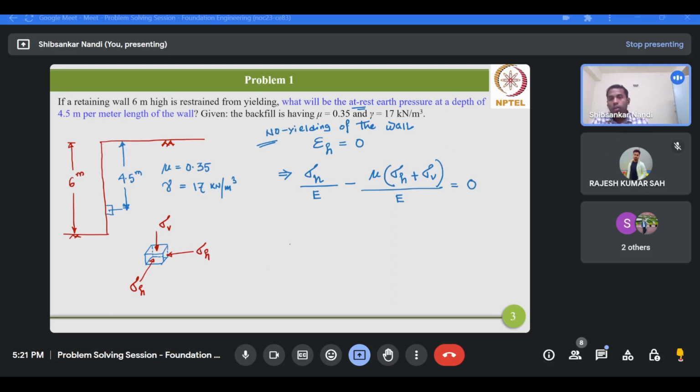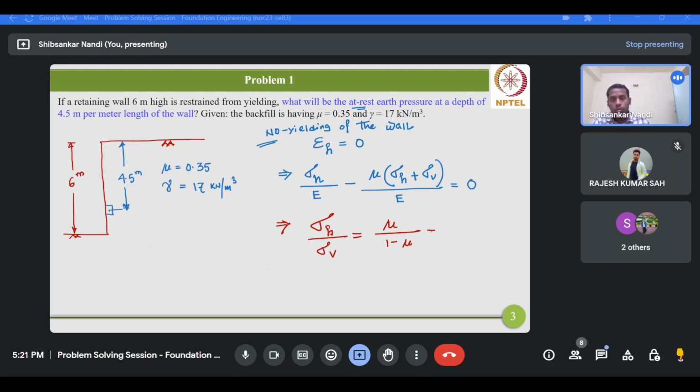Now we'll concentrate on this problem. For determining the at-rest earth pressure, we have to consider no yielding of the wall. That means the horizontal strain should be 0, and horizontal strain we can determine in this way. Now we'll simplify this equation. If we simplify it, the ratio of sigma h divided by sigma v becomes mu upon 1 minus mu.